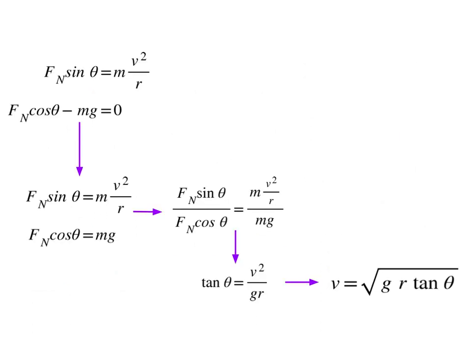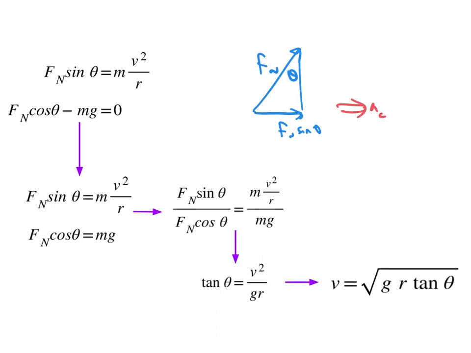Now it's just some grungy algebra. Fn sine theta, which is the part of it which is pointing towards the center. So we have Fn, and we want this part of it, and we have that angle. So this is Fn sine theta, because this is Fn. That has to give me mv squared over r, because it has to provide the centripetal acceleration.